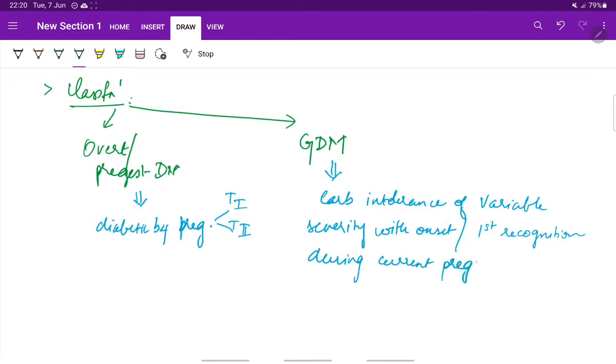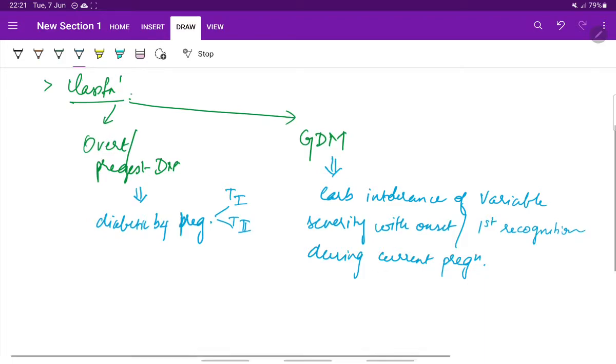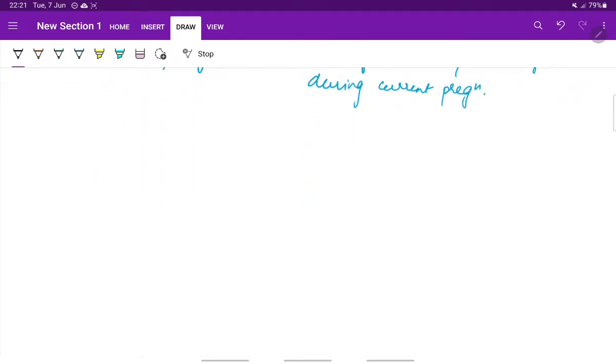This is the definition for gestational diabetes mellitus: carbohydrate intolerance of variable severity with onset or first recognition during the present pregnancy. So, this is the classification.